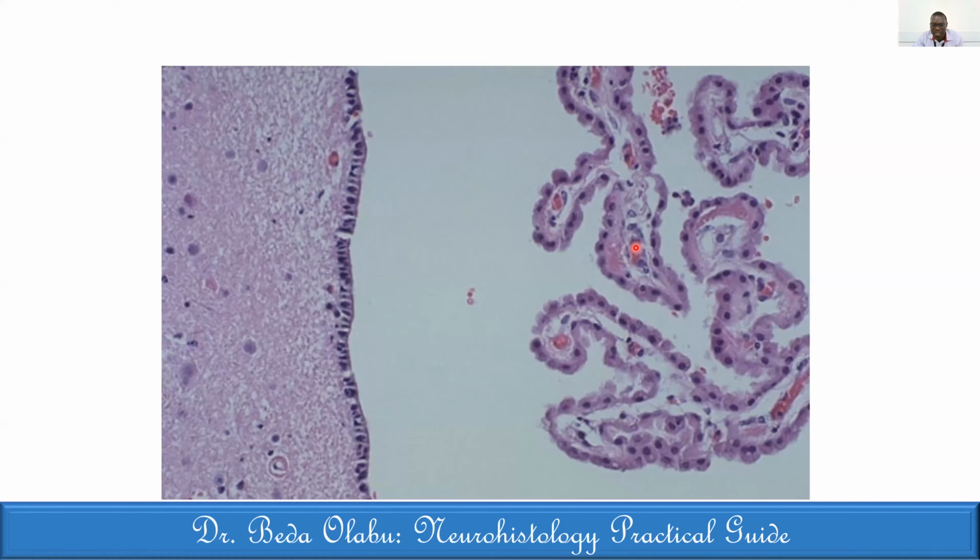As you can see, these are blood vessels at the core, lined by simple cuboidal epithelium, highly folded within a space. And then adjacent to it, you can see one layer of ependymal cells, and we can see CNS tissue there. So this is the ependymal lining, and this is the choroid plexus within a ventricle.